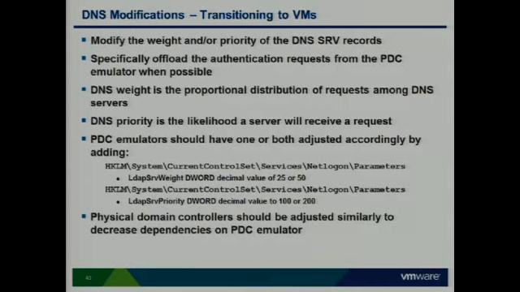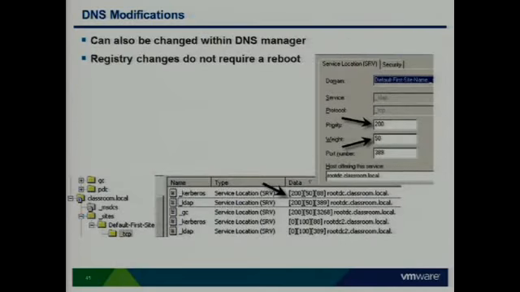And of course, as we migrate to the virtualized world, what we can do with these values is lower the likelihood that the physical boxes will receive these requests and redirect them to the virtualized environment. So you start managing where the logon authentication requests are going in your environment. And then, of course, you can deprecate them eventually as well, once we get everything virtualized.